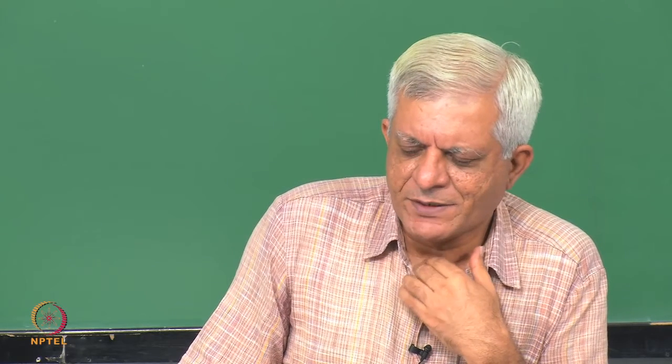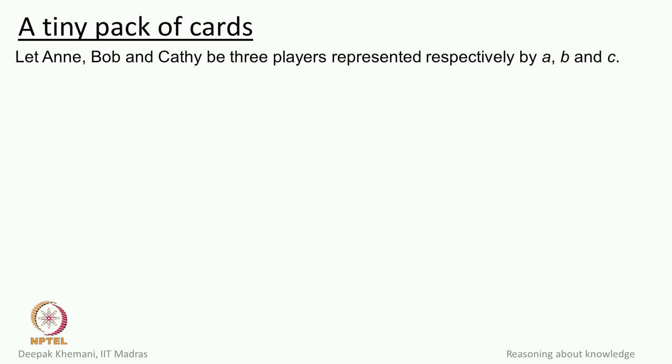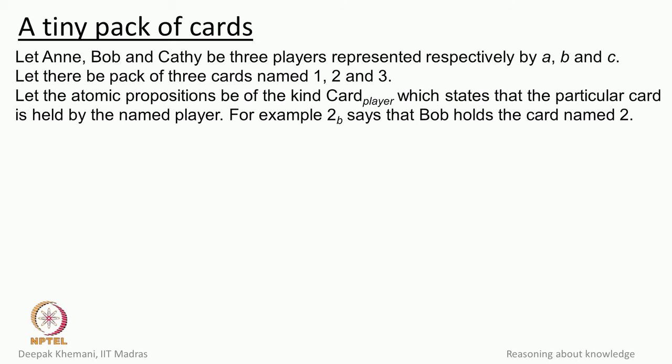So, let us look at a couple more examples. These are very common in this community, and there is a tiny pack of cards, really tiny. Let us say there are 3 players, Anne, Bobby and Kathy, and we will call them A, B and C, and there is a small pack of cards with 3 cards named 1, 2 and 3, and let the set of statements be of the kind that some player holds a particular card.